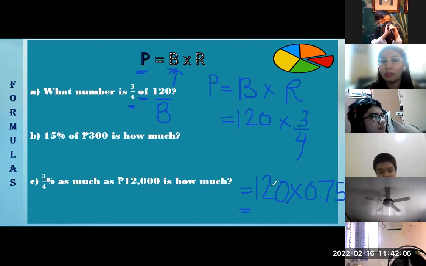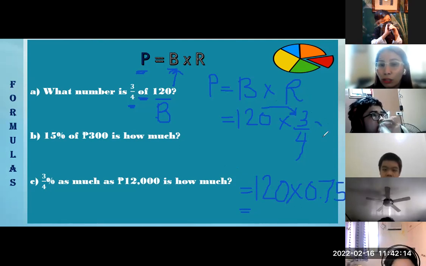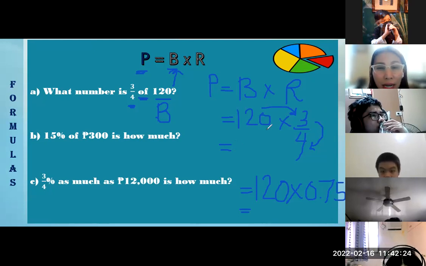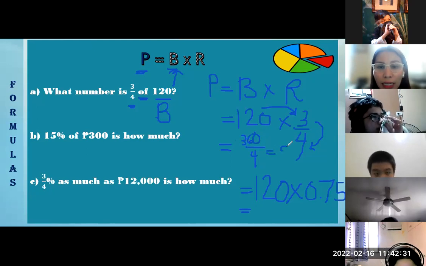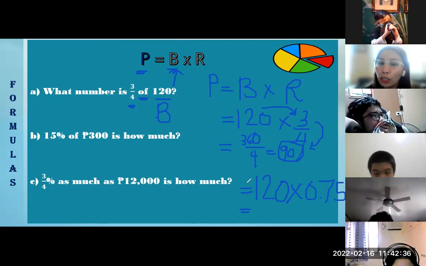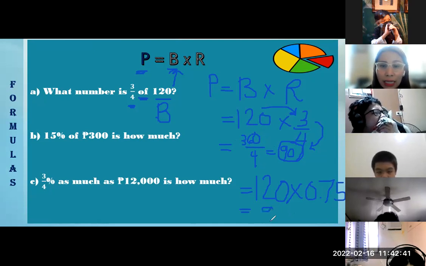Or 120 multiplied by 3 and then you divide it by 4. Same lang din, you will still arrive at the same answer. So 120 times 3, we have 360 divided by 4, we have 90. Same then with this one, 120 multiplied by 0.75, we have 90.